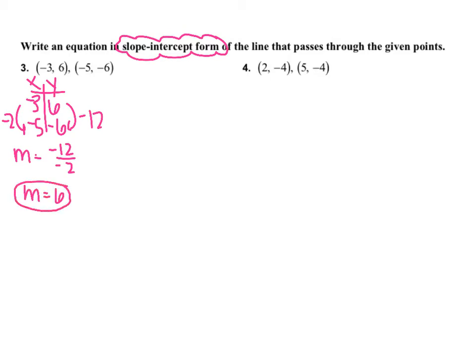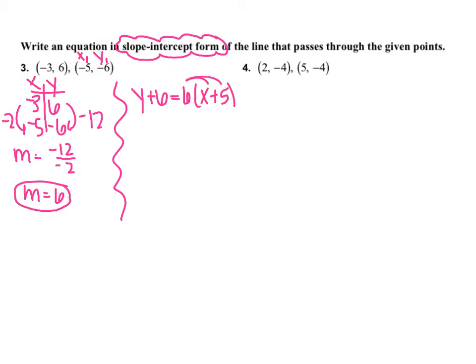And then I had to pick one of my pairs of points to use as an x1 and a y1. So I'm going to use the one that's both negative. Either pair should give me the same answer. And if I use my formula, y and the opposite of y1, I would get y plus 6 is 6 times x plus 5.